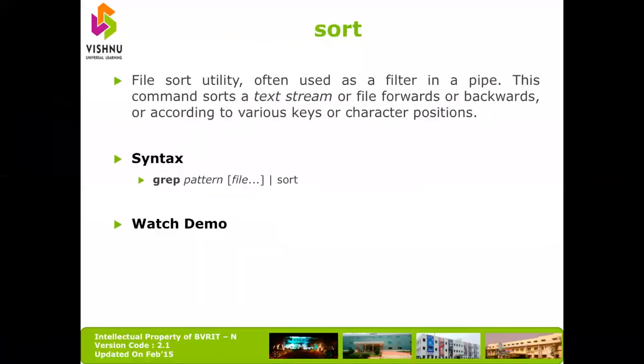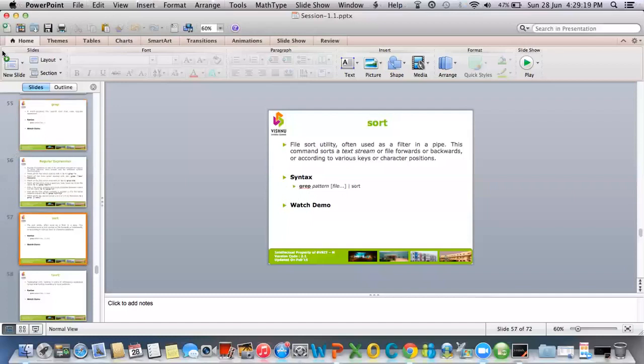Well, now another command we have here is called sort filter, and it's a sorting utility often used as a filter option in a command, where this command sorts a text stream or a file according to various keys or the options you mention. Now to demonstrate that, we have to create a file.